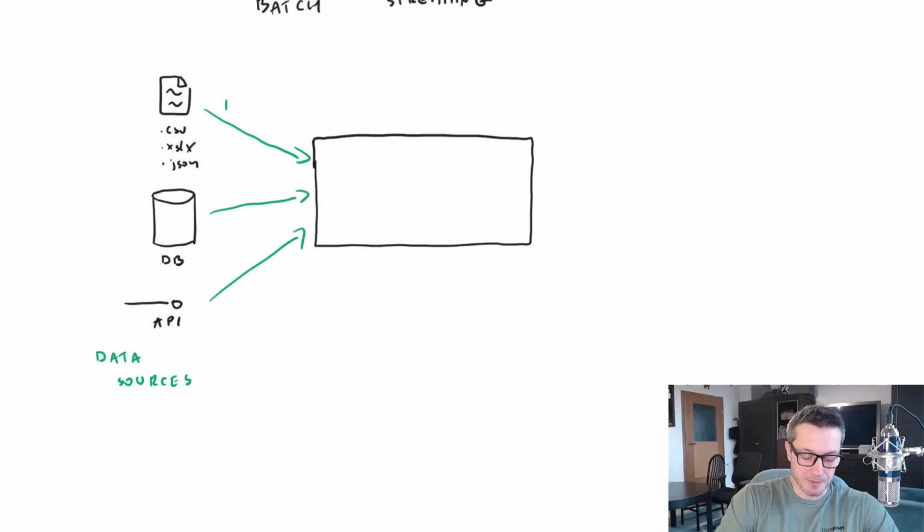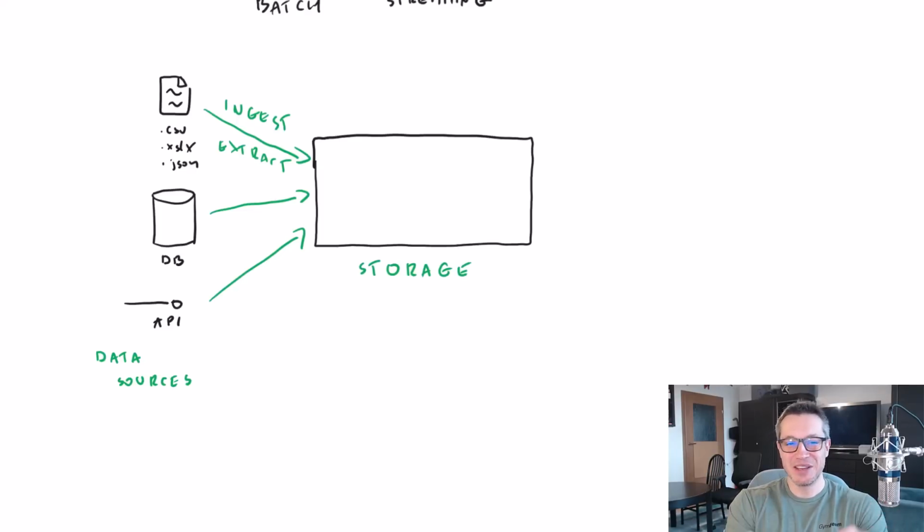So ingest, or you can call it extract, which simply means that you want to connect to the data source, grab the data, and dump it in your solution somewhere. And here, this somewhere, I will just call a storage area. And now, the nice thing about those high-level diagrams is that I can just put a box, call it storage, and call it a day, right?